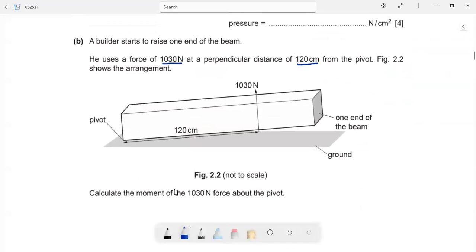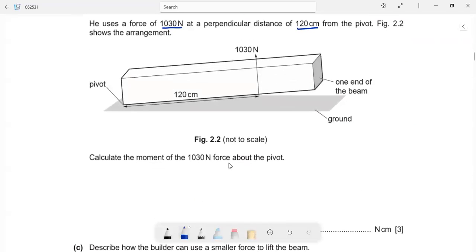Calculate the moment of 1030 Newton force about the pivot. So, moment will be equal to force into perpendicular distance from the pivot.